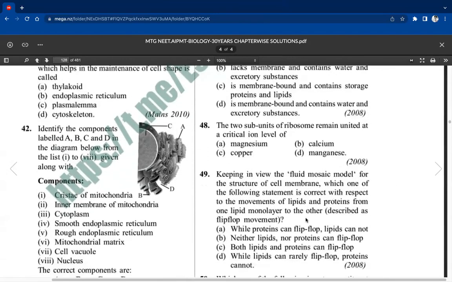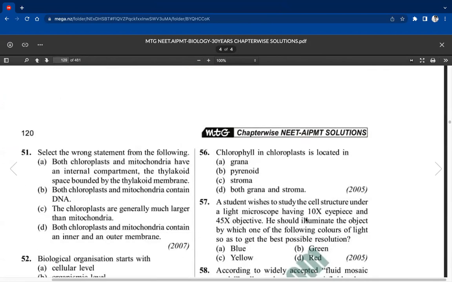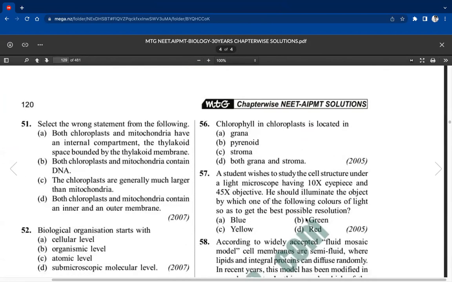Yes, sir. Very good. So it's Aisha's turn now. Question number 51, Aisha. Select the wrong statement from the following. Both chloroplast and mitochondria have an internal compartment, the thylakoid space bounded by the thylakoid membrane.